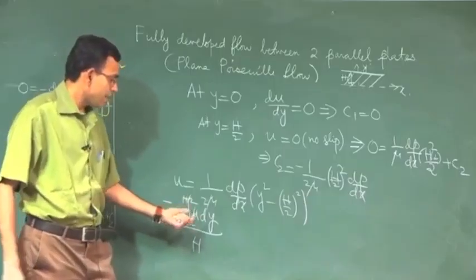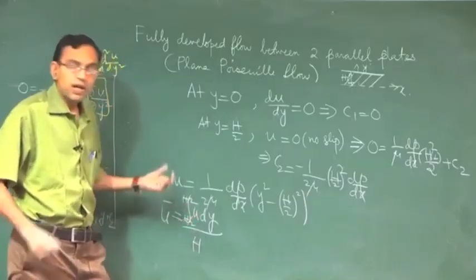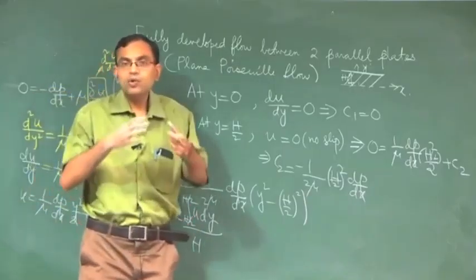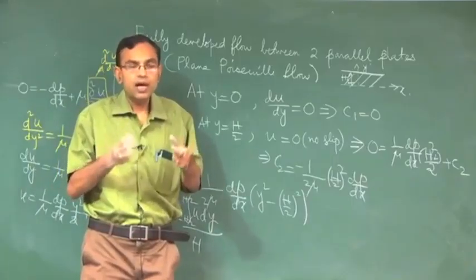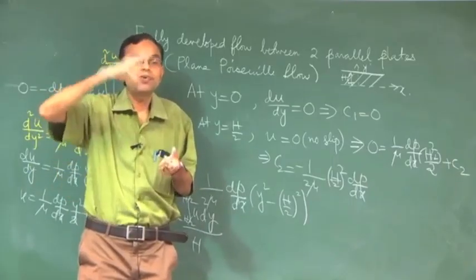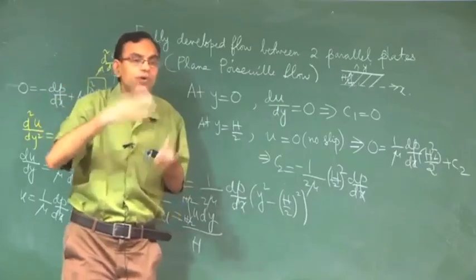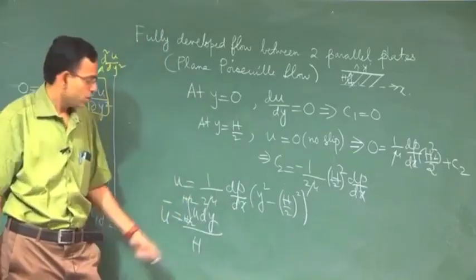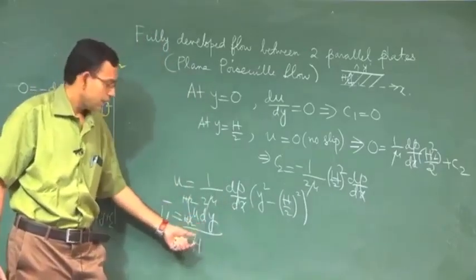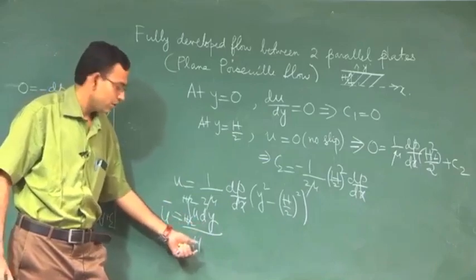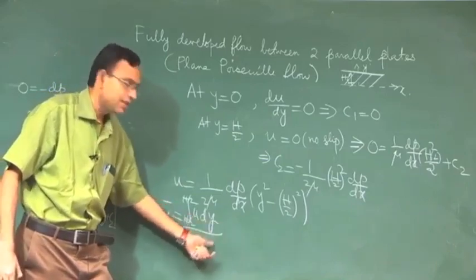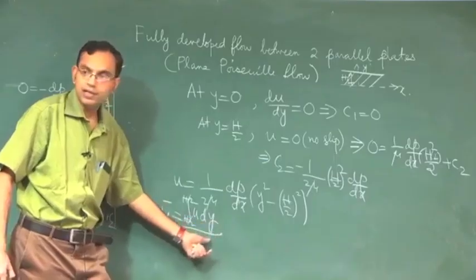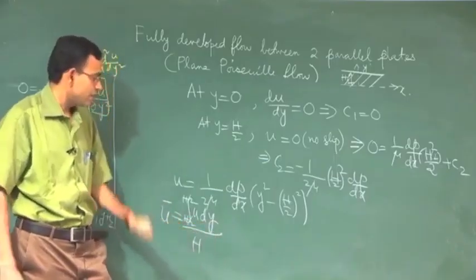Conceptually, the average velocity is an equivalent velocity which could have prevailed had the velocity profile been uniform and the same flow rate been maintained. So, this is the flow rate and this is the area, because you know h into width, and width is cancelled in both numerator and denominator. So, this is the average velocity.